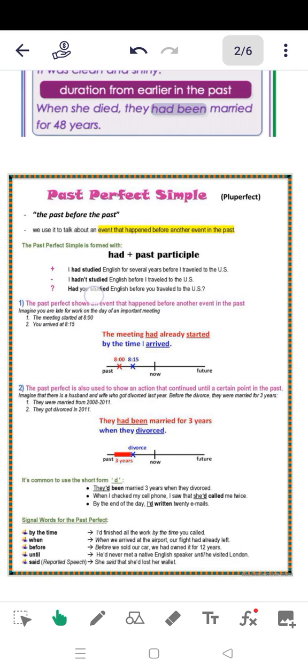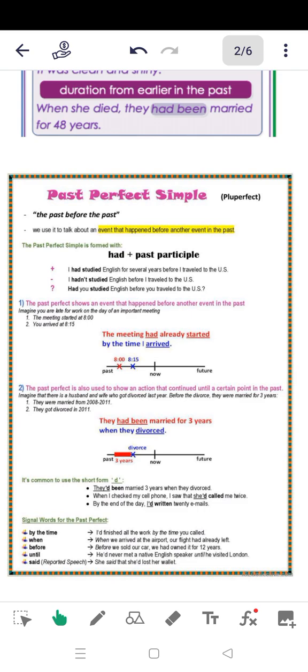For example, I had studied English for several years before I traveled to the USA. Another example, I had played football for 2 hours. These are past perfect simple.